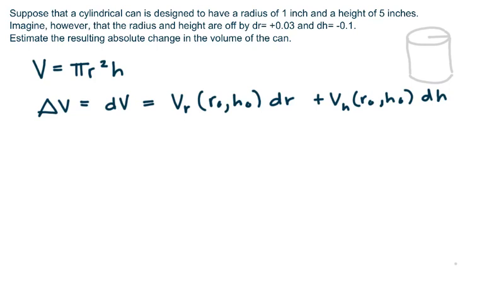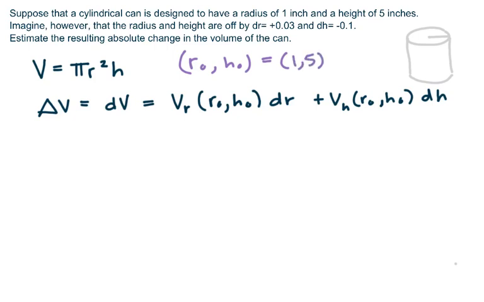So we need to know what r naught, h naught are. As an ordered pair, I'm going to let r naught be 1 and h naught be 5. So this is going to be 1, 5.